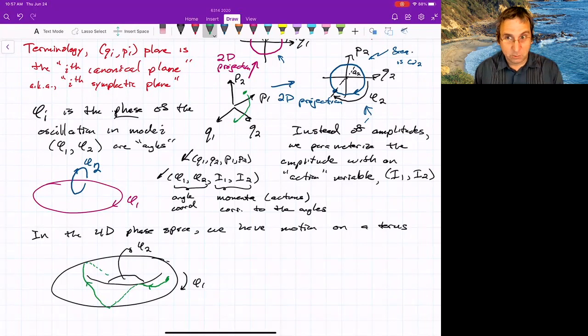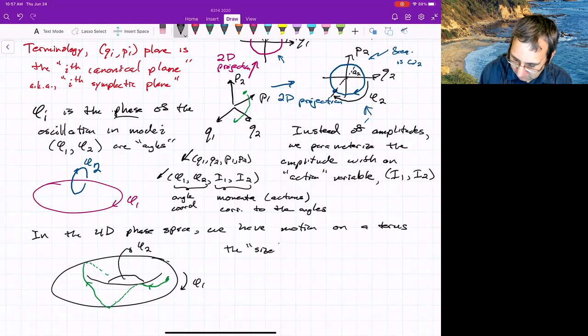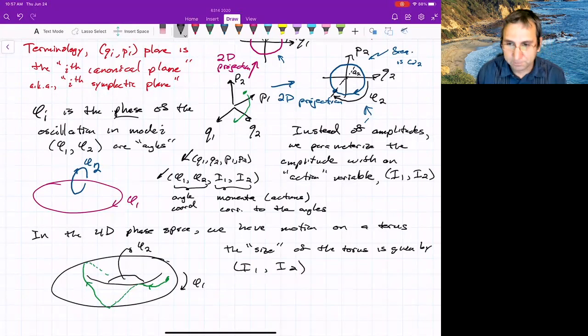Just by the very fact that we can cast things in terms of two angles, we have motion on a torus. The size of the torus is given by these two action parameters.